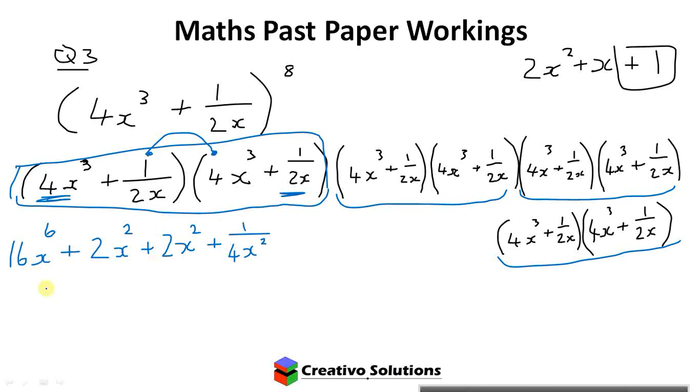Okay, can I write this term down better? Yes, I can. I can add the two middle terms. So 16x to the 6 plus 4x squared plus 1 over 4x squared.